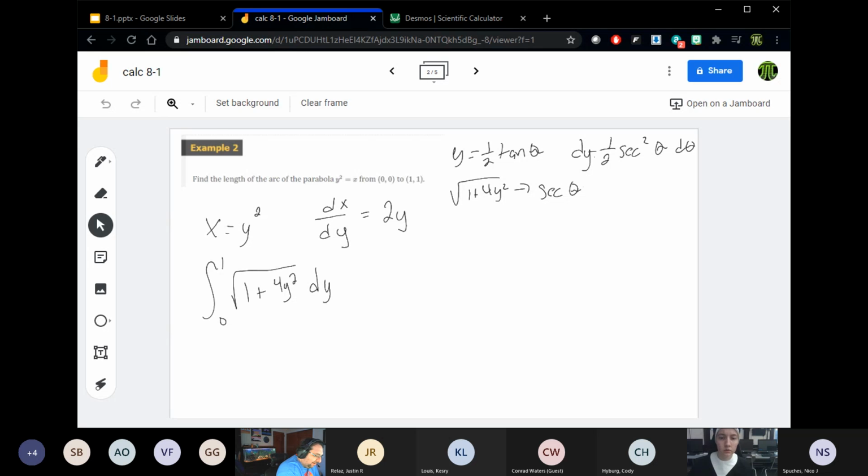So if y is 0, 1/2 tangent theta, that means tangent theta is going to be 0, so theta is 0. Now, if y is 1, that means 2 equals tangent theta. So that means tangent inverse of 2 equals theta.